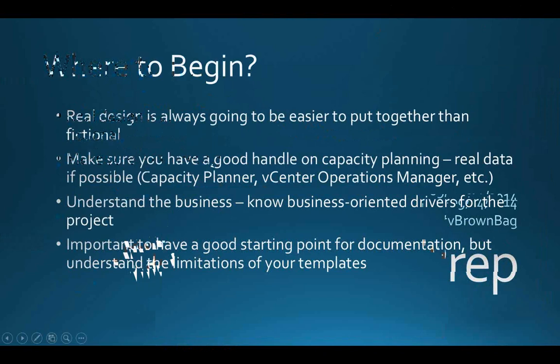So the next point there is understand the business. It's absolutely critical in this process to understand your business-oriented drivers for the project. So you have to know what the business is doing, what the workloads that they're using look like, and you need to know what they're trying to get to, so you can put together a design that fits those requirements.